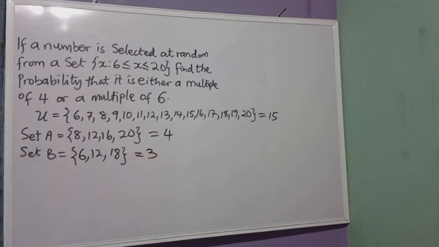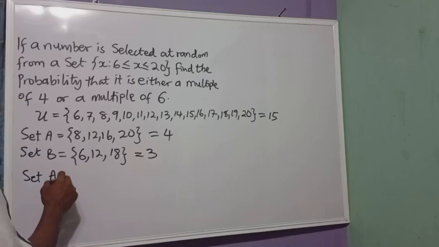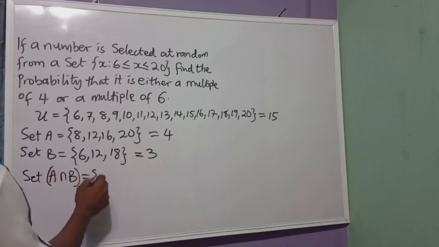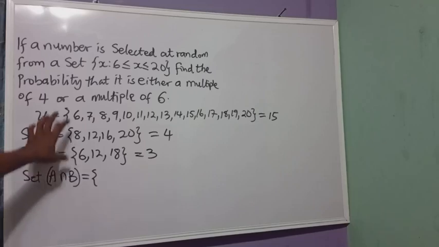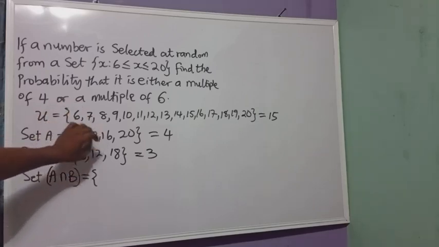Now let's look for set A intersection B. This is the probability that a number is both a multiple of 4 and 6. Their intersection is what is common to both sets.